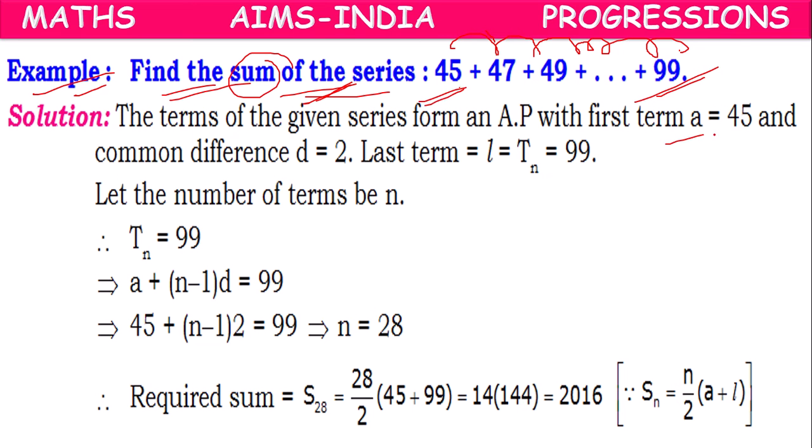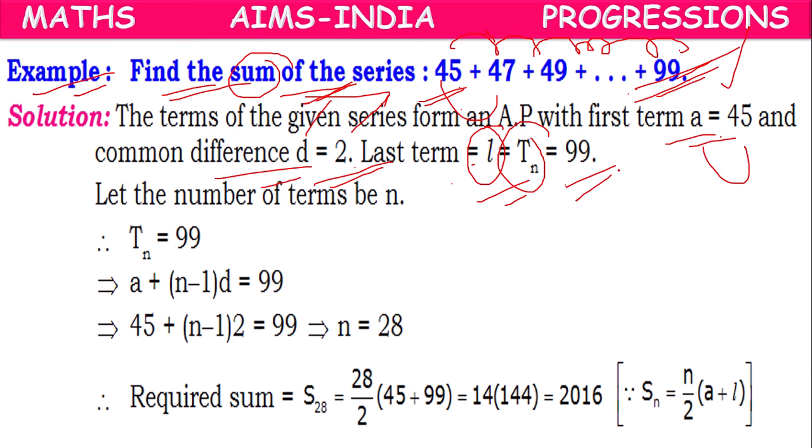So the first term of AP is a, which is 45, and the common difference between two terms is d, which is 2. Last term is represented by L or Tn, which is 99. Let the number of terms be n.